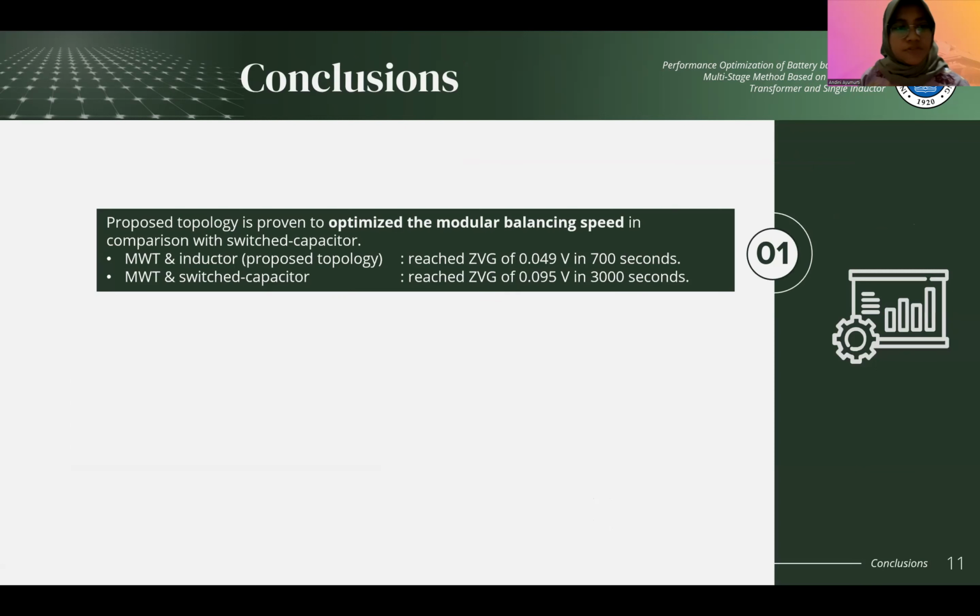The first one is that our proposed topology is proven to optimize the modular balancing speed in comparison with the previous research, which is the switched-capacitor-based topology. Our proposed topology reaches a voltage gap of around 0.049 volts in about 700 seconds, while the switched-capacitor-based topology reaches around 0.095 volts in about 3000 seconds.